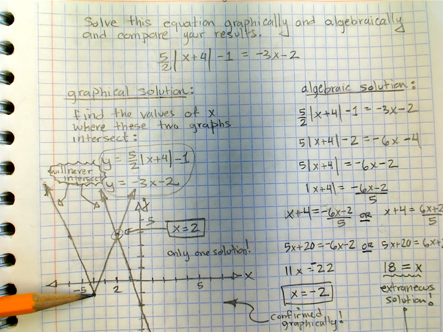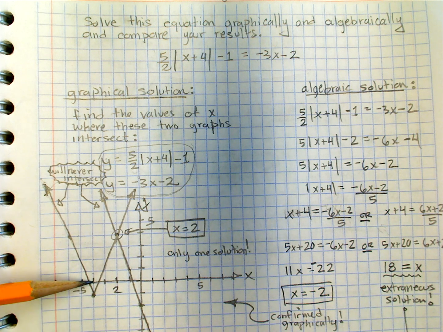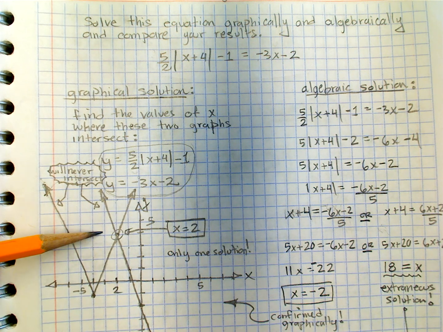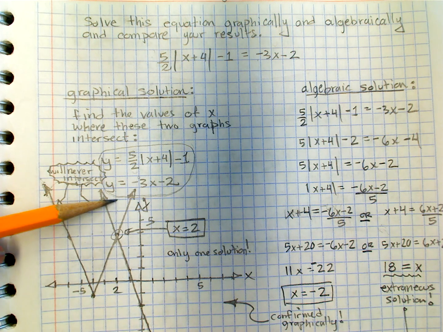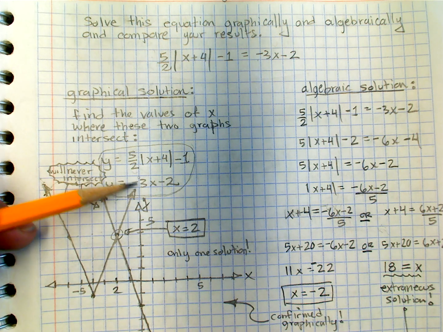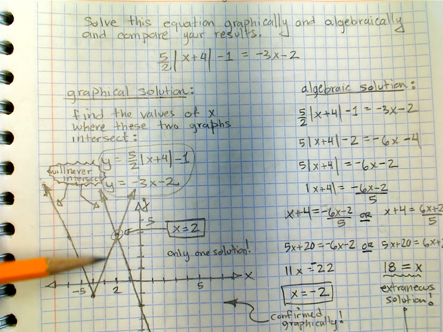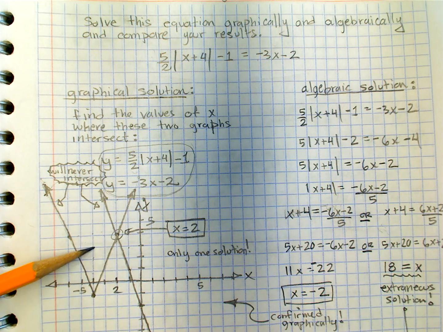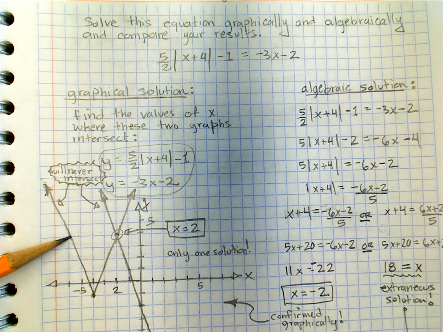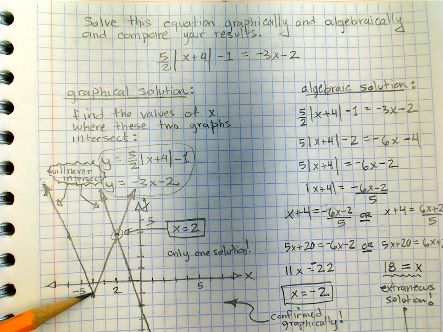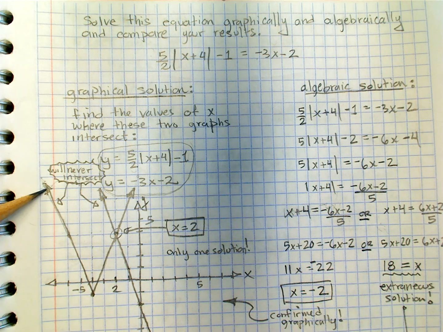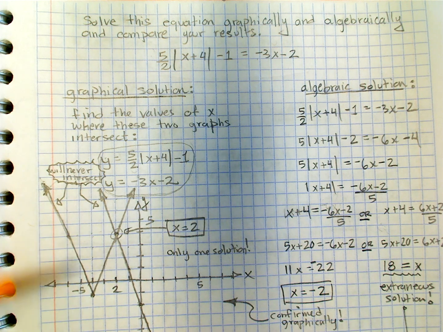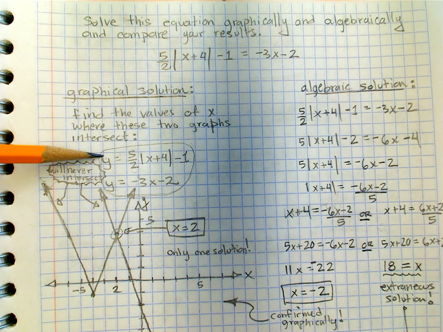From this point I can just go up 5, over 2, and I'm able to construct the right-hand half of my absolute value. And just to get the other half, up 5 over 2 the other direction. I could keep doing that, but I get a couple of points, and then I can draw the second half. So this V-shaped graph is the graph of this absolute value equation.